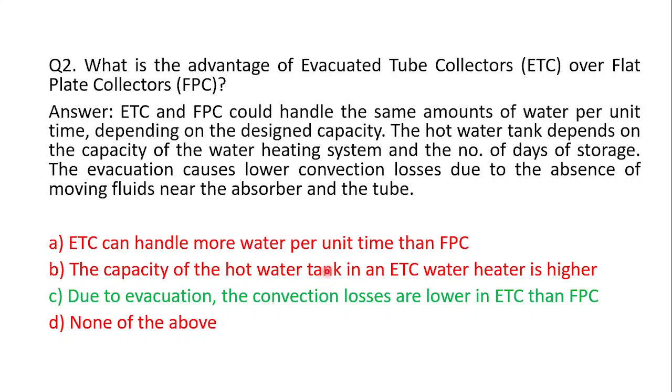But the advantage of the evacuated tube collector is that because of the evacuation, the convection losses are lower. There is vacuum in the tube, so there is no moving fluid, no convection losses. There are radiation losses though, but that is unavoidable.